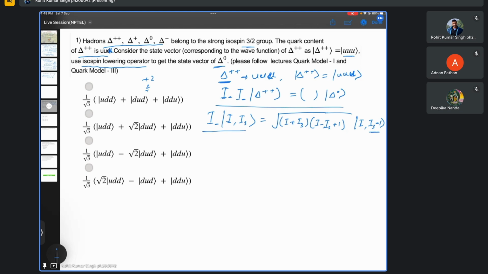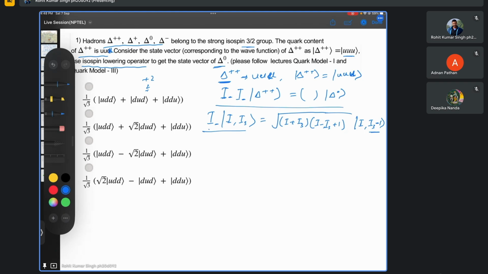These operators are there for each group. So in SU(3), SU(2), everywhere you have lowering or creation operators. These are called ladder operators. This comes with the algebra of generators.